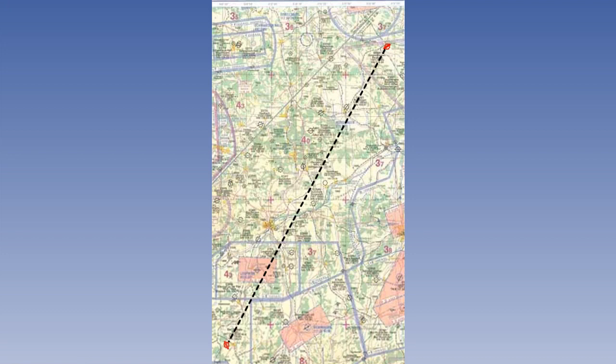In order to calculate the safety altitude, we find the highest obstacle on the chart within 5 nautical miles either side of the track. Draw a line 5 nautical miles each side of track and an arc 5 nautical miles radius around each end of the track and find, by inspection, the highest obstacle within the defined area.